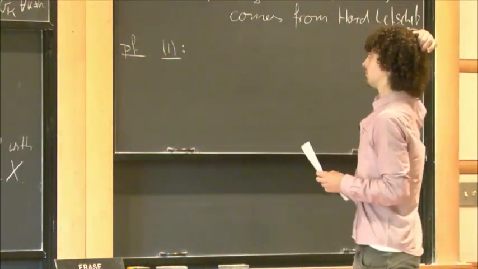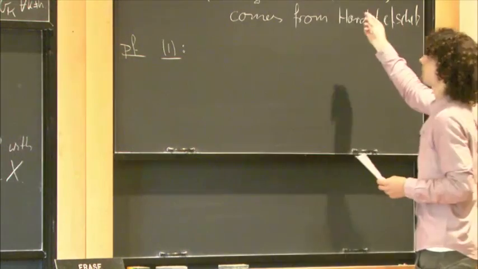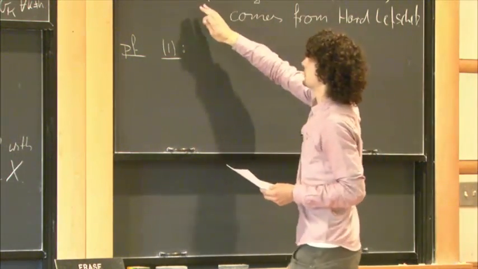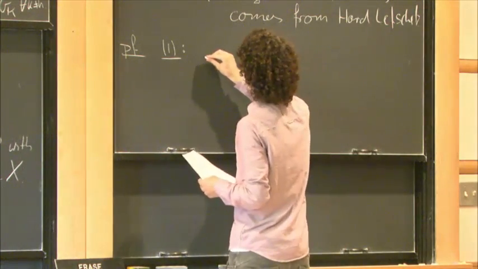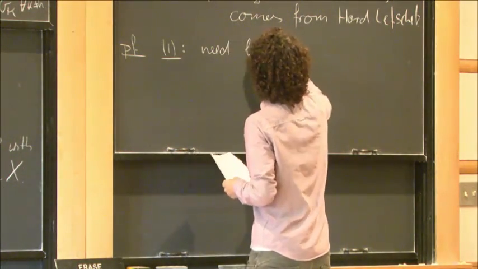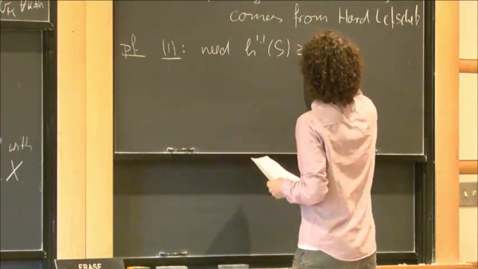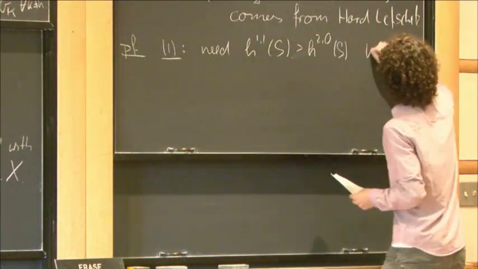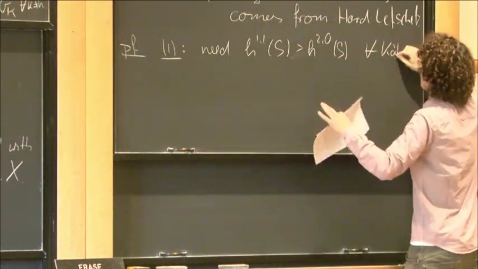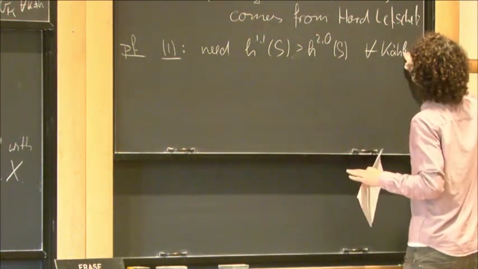Okay, so let me outline how this goes. So number 1 is, well, we need that h11 is larger than h20 for all Kähler. So I claim that it's even true for all Kähler surfaces.